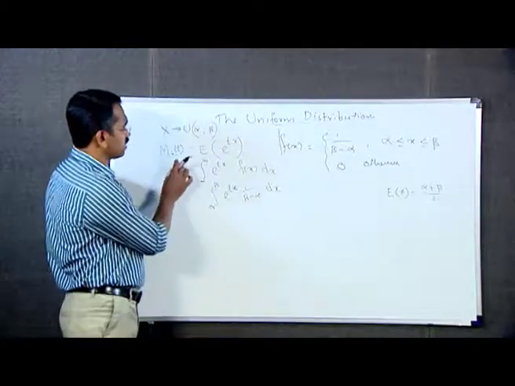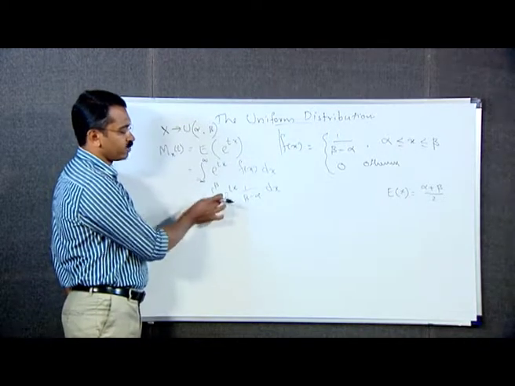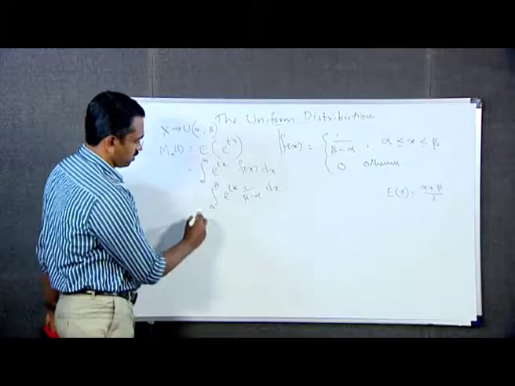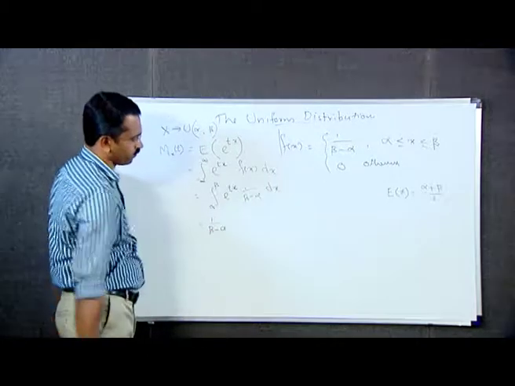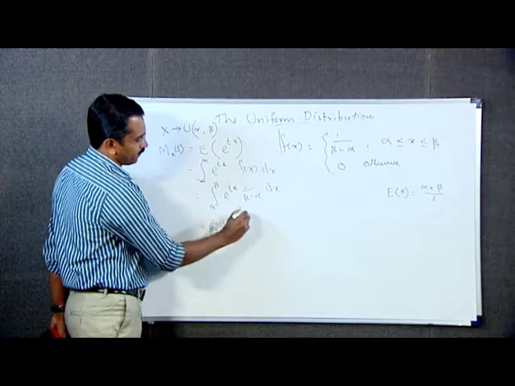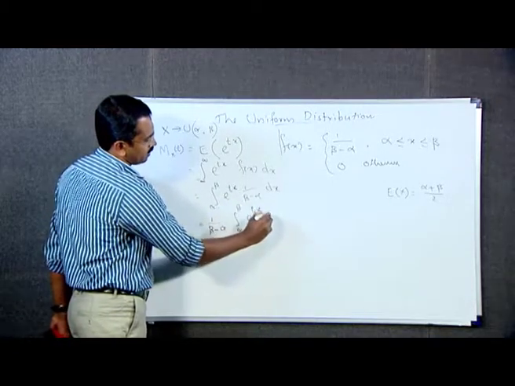Therefore, M_X(t) is equal to integral from alpha to beta e raised to tx into 1 by beta minus alpha dx, that is 1 by beta minus alpha into integral alpha to beta e raised to tx dx.